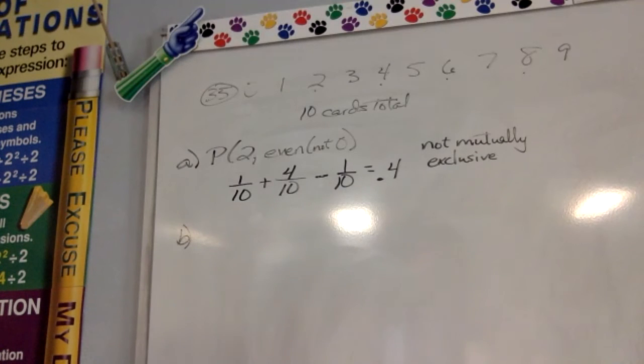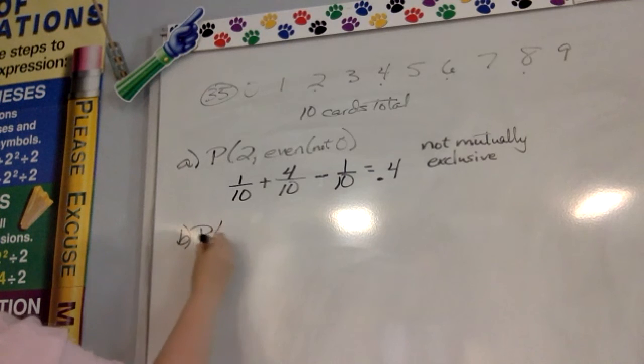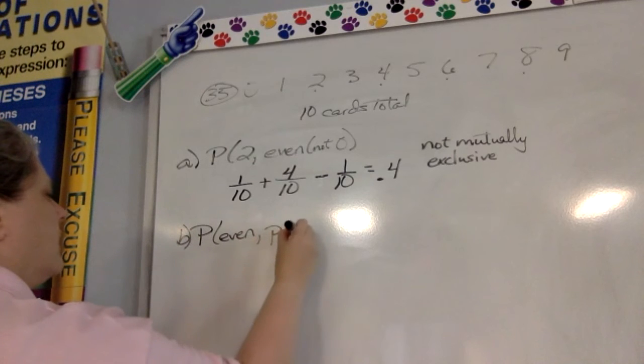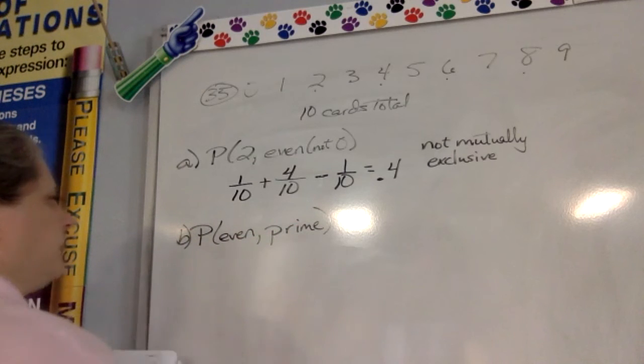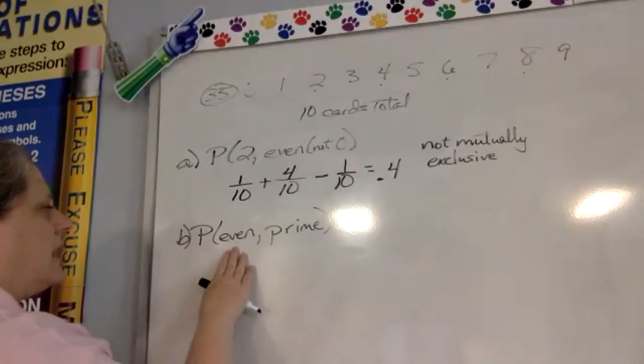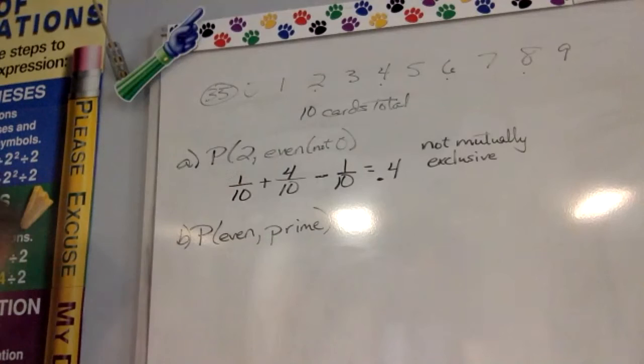Part B says the probability of an even number or, what's the next one? Not prime. Even or prime. Okay, so even or prime. So evens, how many evens are there? 4.